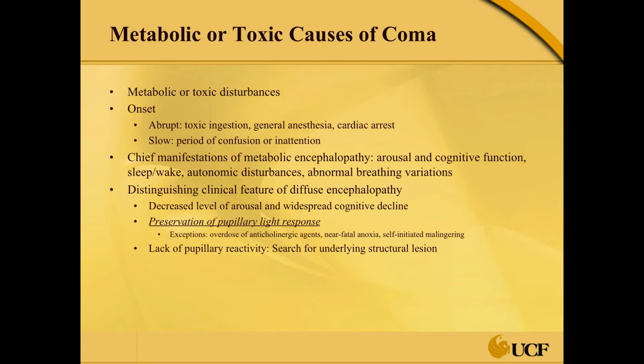Chief manifestations of metabolic encephalopathy: arousal and cognitive function decline, disruption in the sleep-wake cycle, autonomic disturbances, and abnormal breathing variations, right? And of course, we know that breathing variation is associated with Cushing's triad. Beck's is the heart.